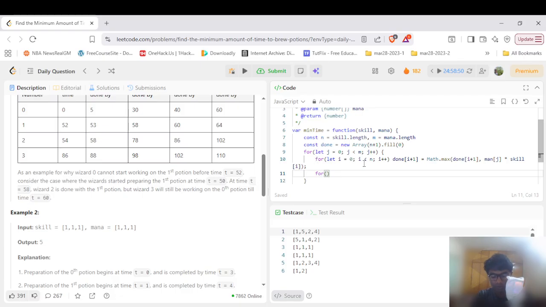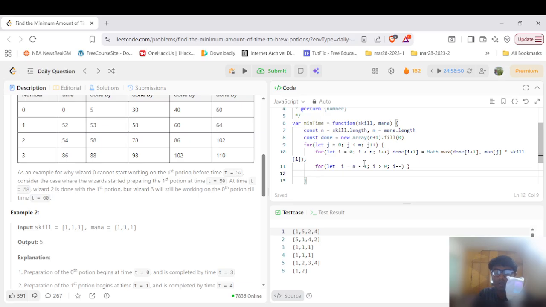And in the next for loop, we iterate backwards just to see if all the skilled workers are available.